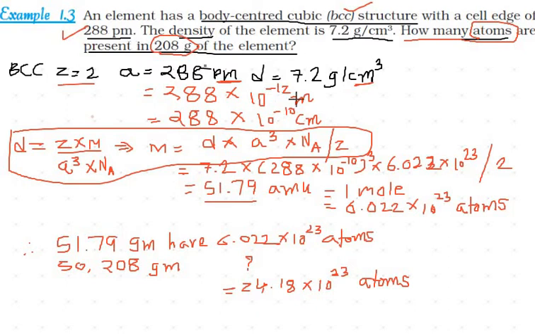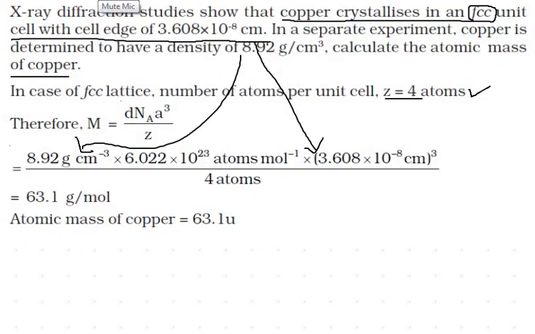That's why I converted first into meter and later into centimeter. While in this example it is already given in centimeter. See, this is in centimeter and this is centimeter cube. So when it becomes cube, it becomes already centimeter cube. So both units will be the same, and there is no need for the conversion factor. So that's why we are substituting the values directly.